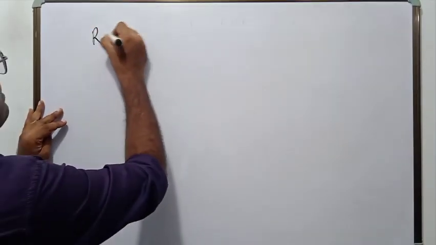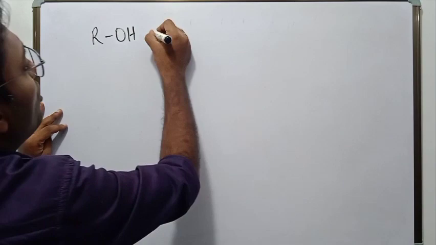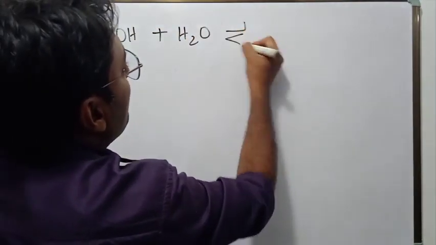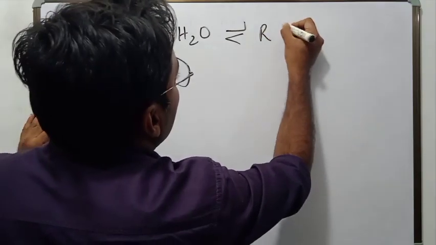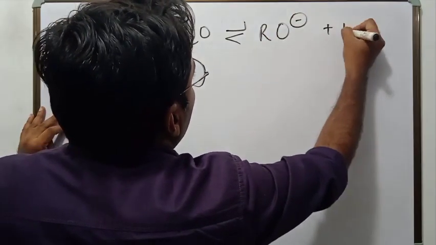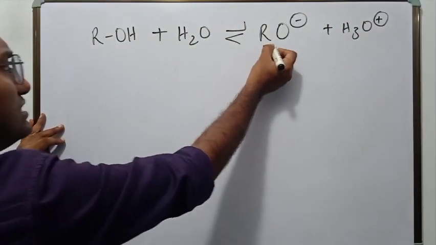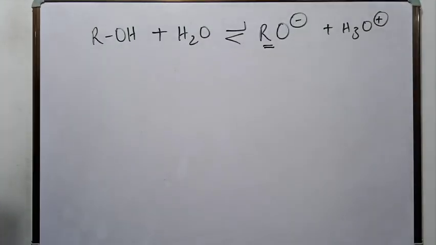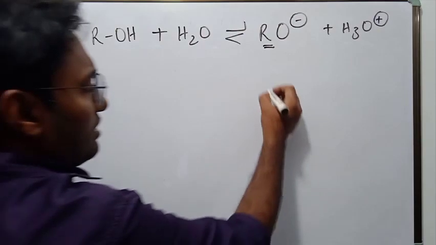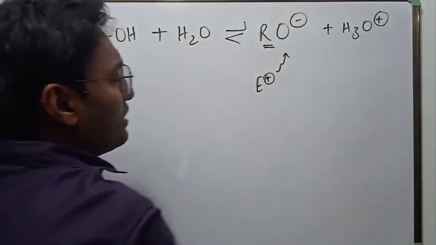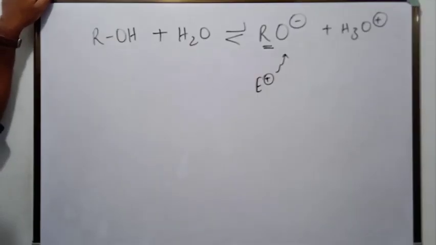See, this is alcohol. I am dissolving it in water. Now let us see what happens. This is the product that we get. Look at this. This is the alkoxide ion. Tell me one thing: if an electrophile wants to attack it, will it be able to attack? Yes.